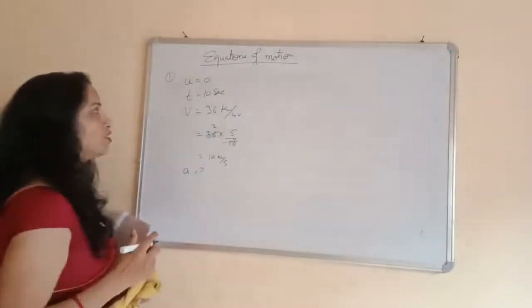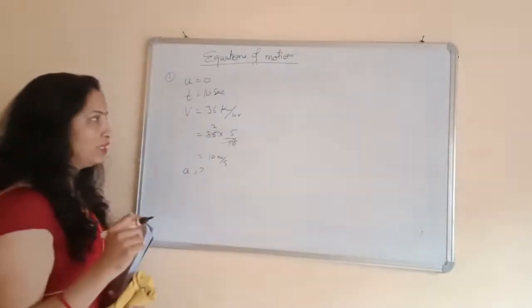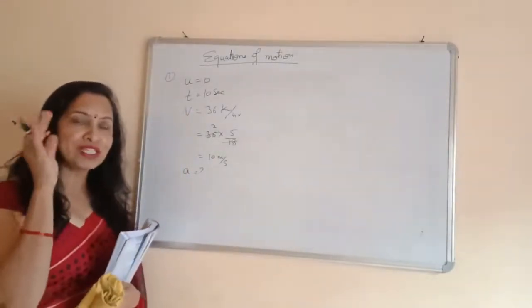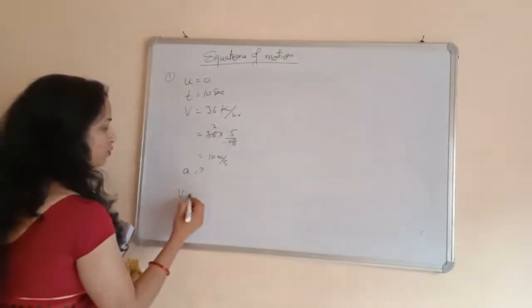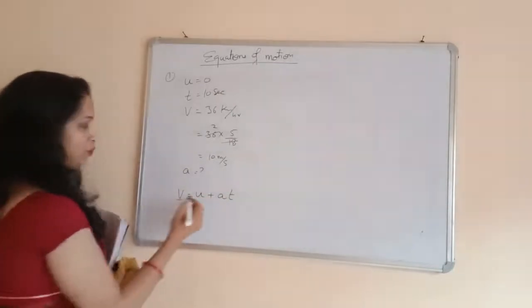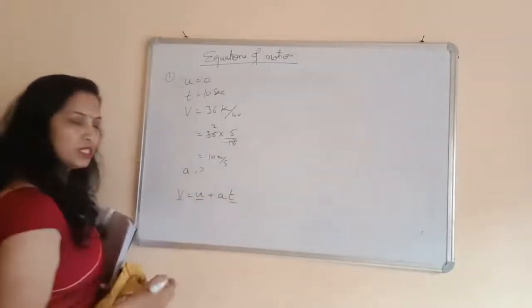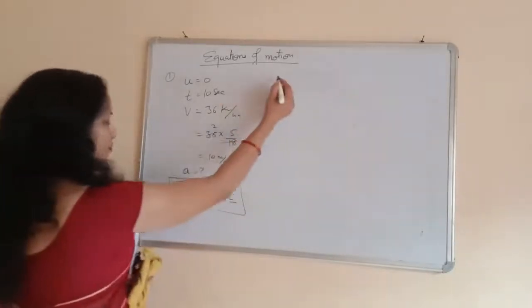For finding the acceleration, since we know the values u, v, t and we have to find a only, we have to choose which equation of motion to use. This is the first equation of motion, v is equal to u plus at, where you know the value of v, u and t. So you can easily find the value of a. What is v here?